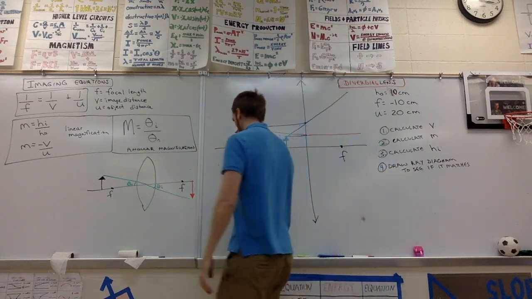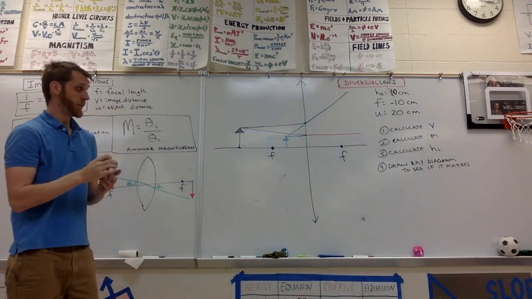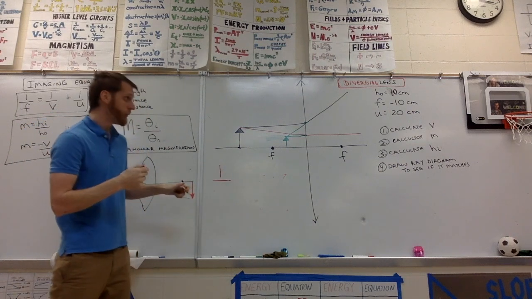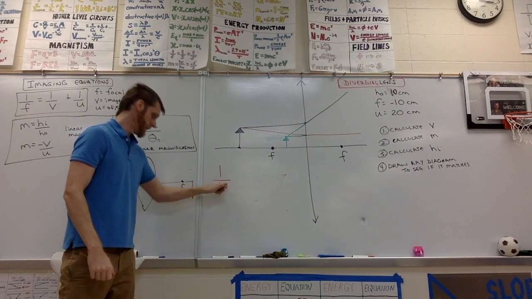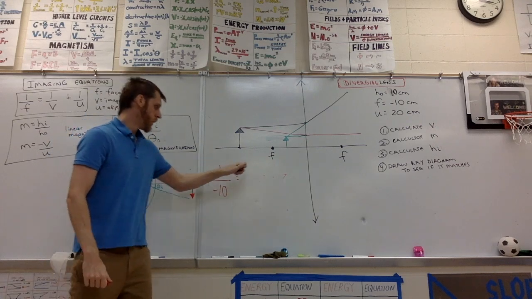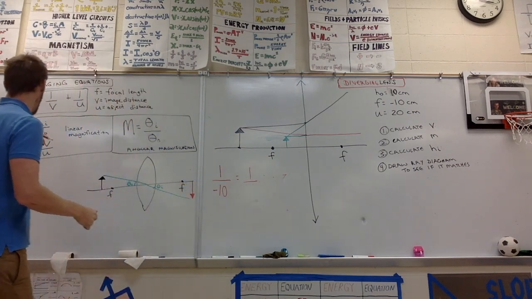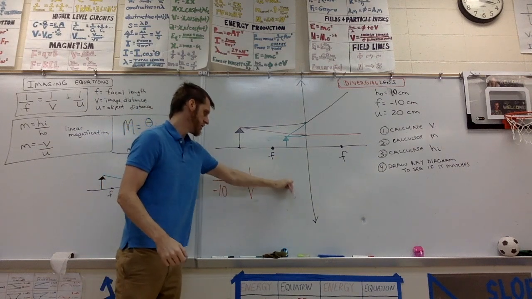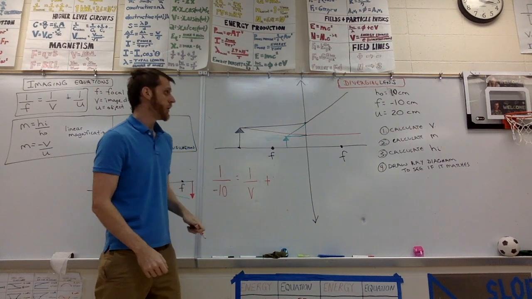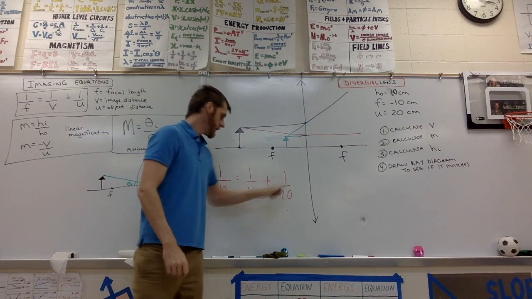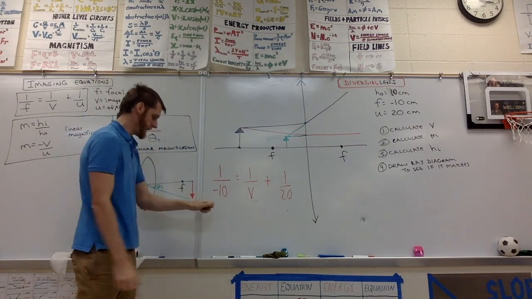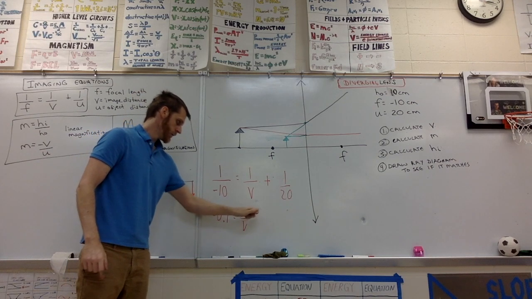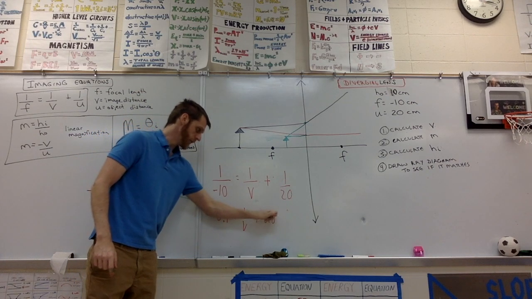So let's go through it. Let's see what happens. Let's use the calculations here. Using the first equation, we get 1 over f, which is 1 over negative 10, equals 1 over u plus 1 over v. That doesn't change the math at all. Plus 1 over 20. On this side, we got negative 0.1. Here we have 1 over v plus 0.05.